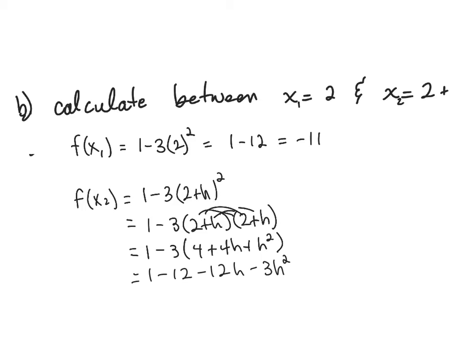And that would be negative 3h squared minus 12h minus 11.